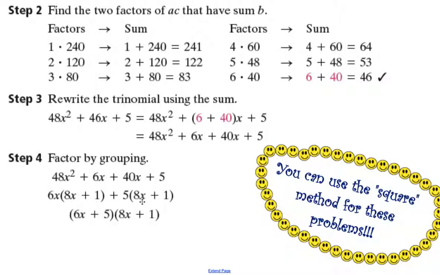The guess and check method, the grouping method, and the square method. You can use any of those. You do not have to do one or the other with respect to the trinomials. Now with the polynomials, you have to do grouping. There's no other way to do that one. But trinomials, you can do whichever method you prefer.